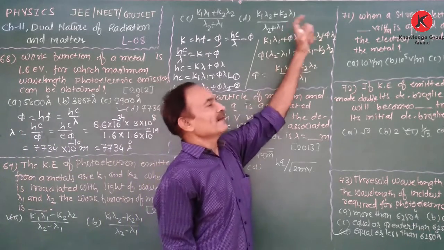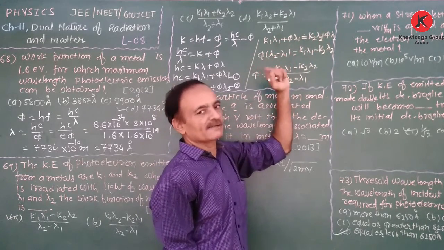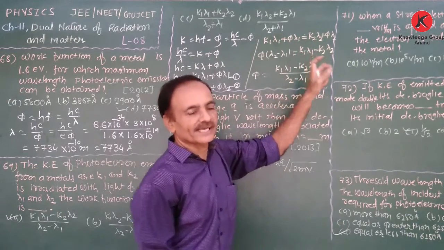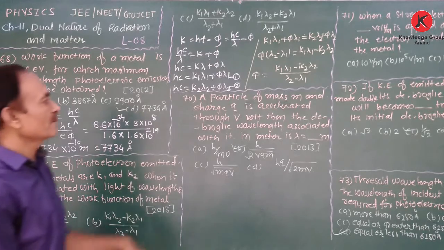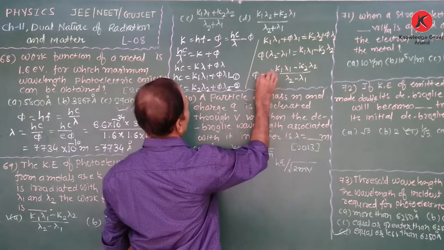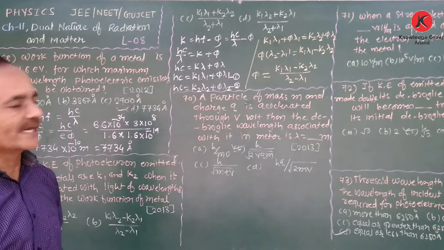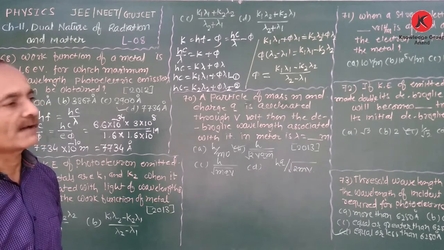Take phi lambda 1 to the right hand side, phi common, lambda 2 minus lambda 1, and this term on the left hand side, K1 lambda 1 minus K2 lambda 2. Thus, you obtain the work function phi is equal to K1 lambda 1 minus K2 lambda 2 upon lambda 2 minus lambda 1.